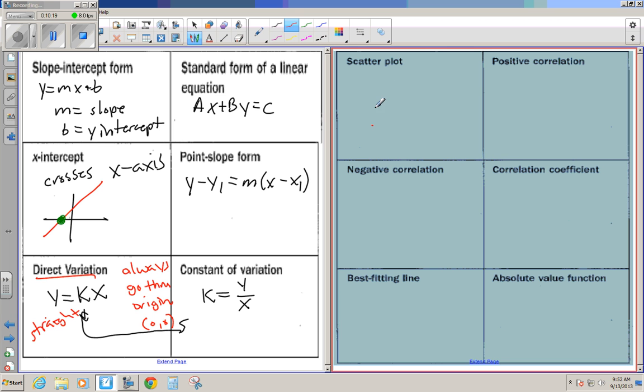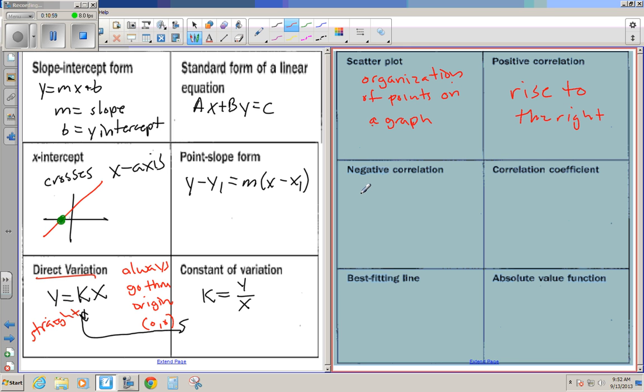All right. Almost done. I'm not sure why this is blue, but scatter plots are just an organization of points on a graph. Positive correlation rises to the right.